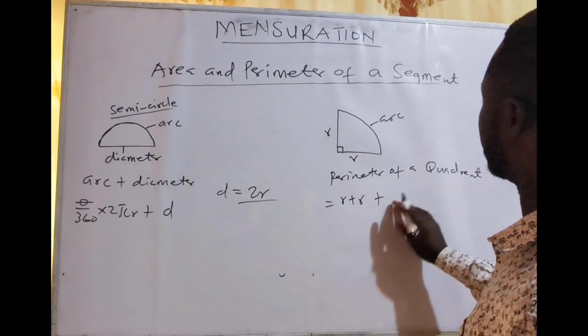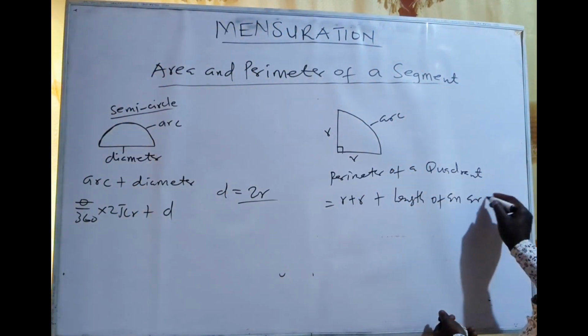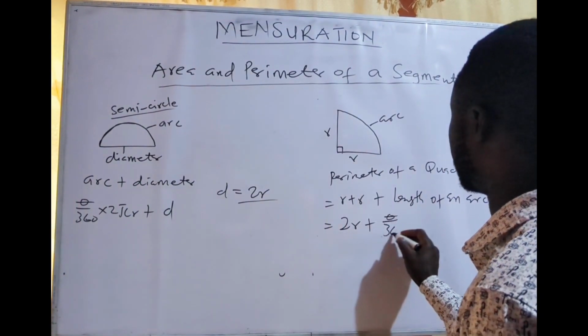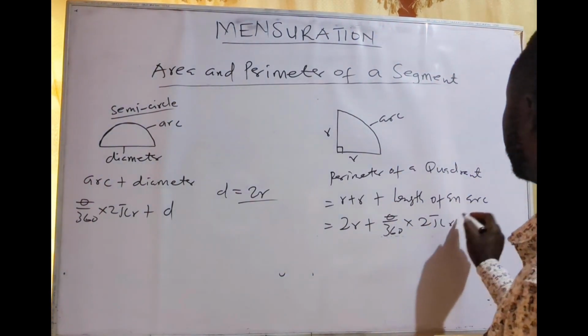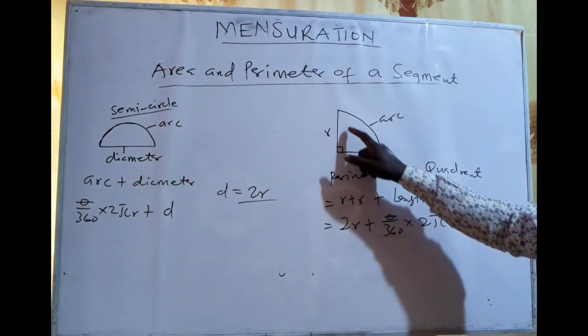So we have 2r plus theta on 360 times 2 pi r for the length of the arc, and theta is 90 because it's a quadrant.